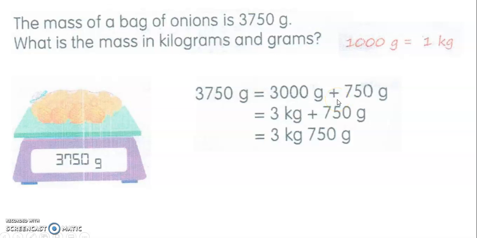Why did we do that? Why did we put 3000 alone, and why did we make 750 grams stand alone?